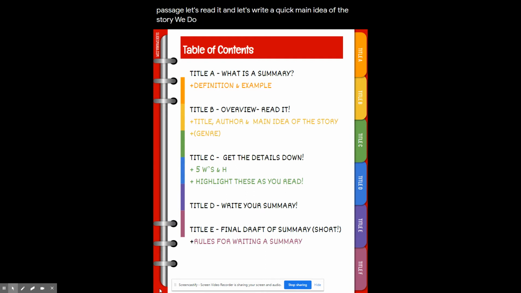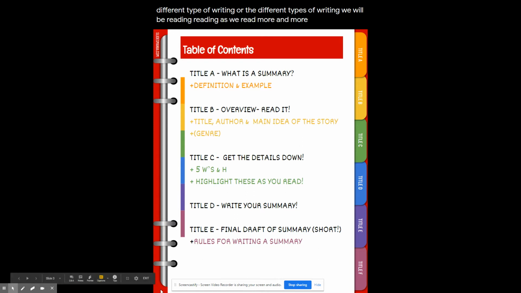We do need to take a quick look at genre, which is the different types of writing we will be reading as we read more and more as we grow.